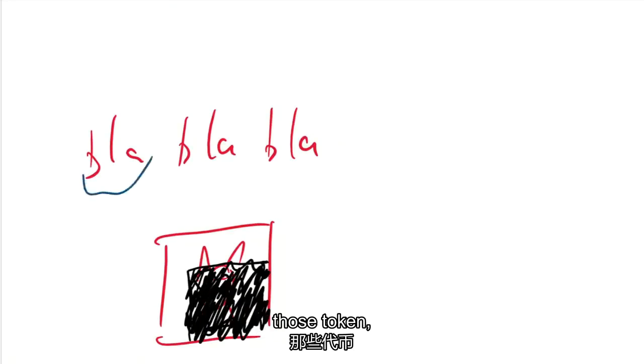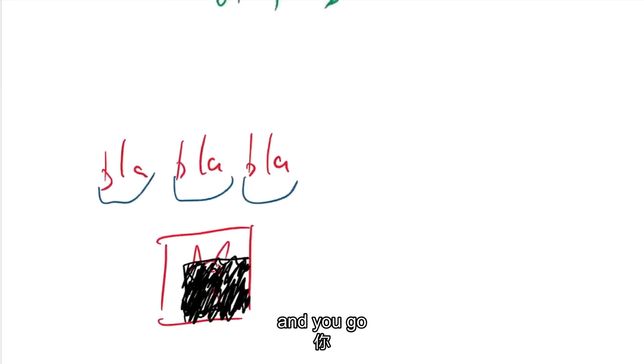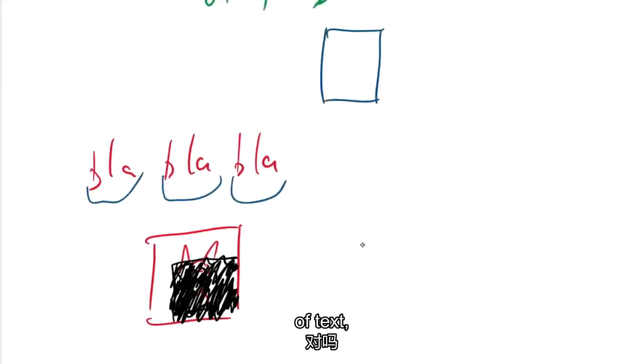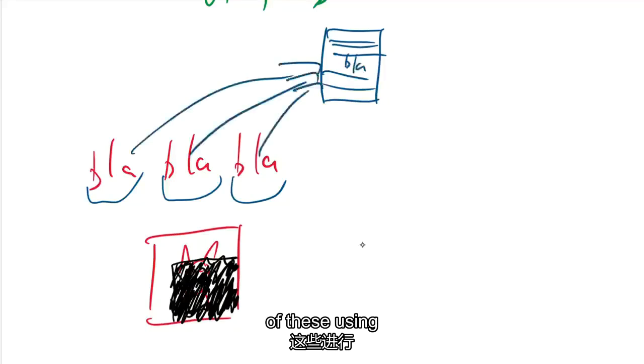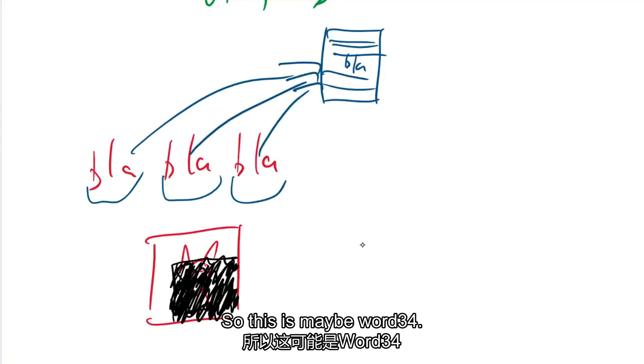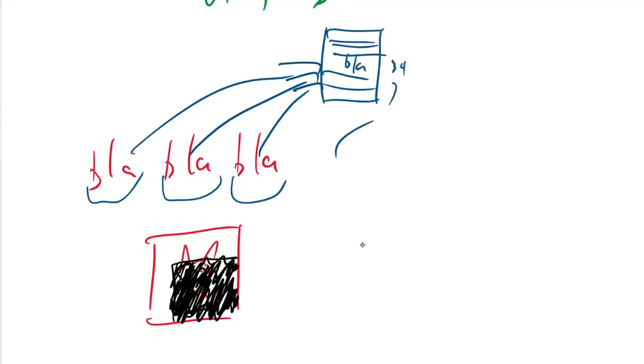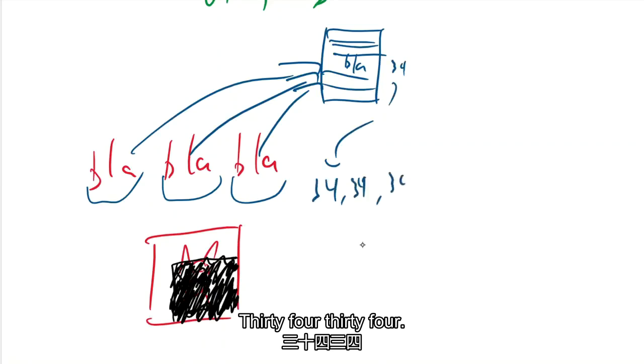You tokenize those, and you go into your vocabulary of text. You encode all of these using that vocabulary. So this is maybe word 34.